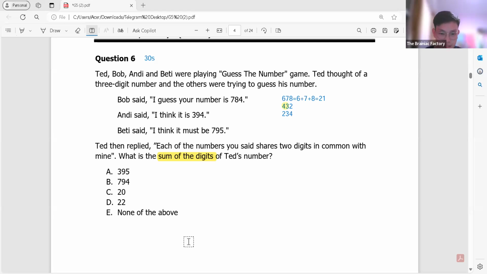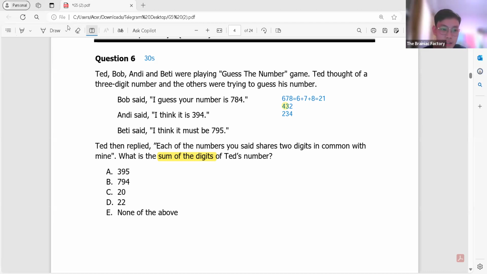Okay, so I'm seeing some of you have answered the question, and some got it right and some got it wrong, so we're going to solve it. So here is how we do it. Ted said each of the numbers that Bob, Andy, and Betty said shares two digits in common with his number, so we're going to spot which numbers share common digits.